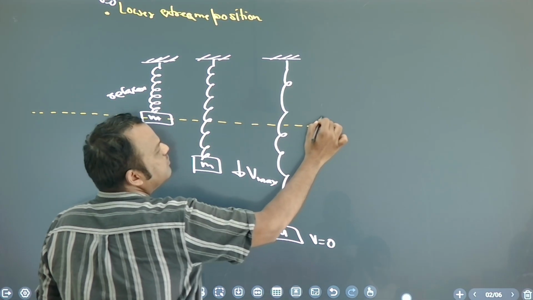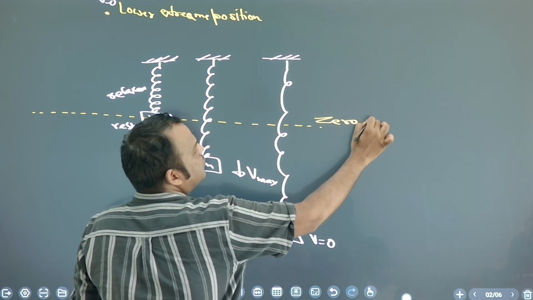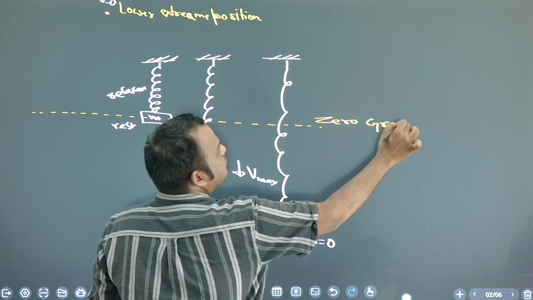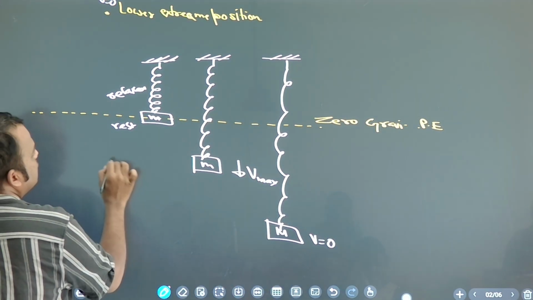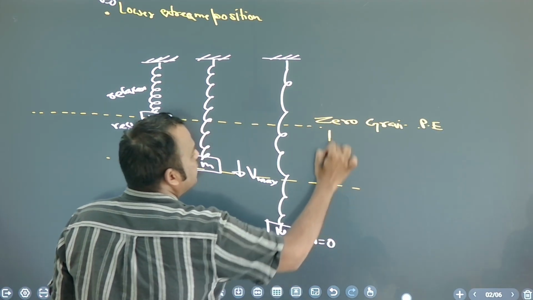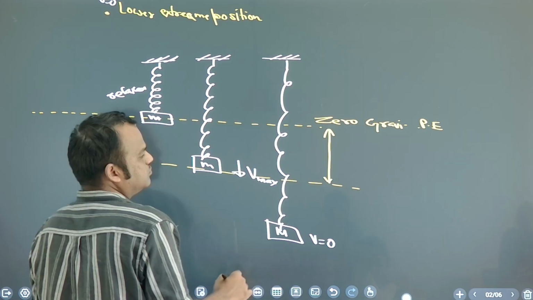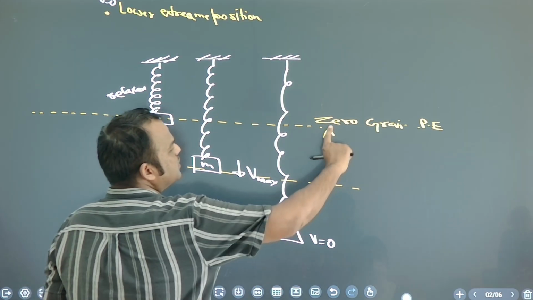What is this level? 0 gravitational potential energy level. How much is this? When speed is maximum, what is the distance? Tell me.